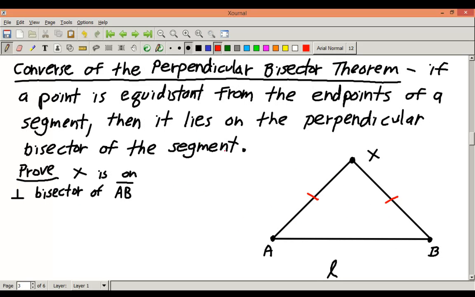Okay, now the converse of the perpendicular bisector theorem is if a point is equidistant from the endpoints of a segment, then it lies on the perpendicular bisector of the segment. So what I'm going to do here is draw a line that's going to go through point X and be perpendicular to segment AB.